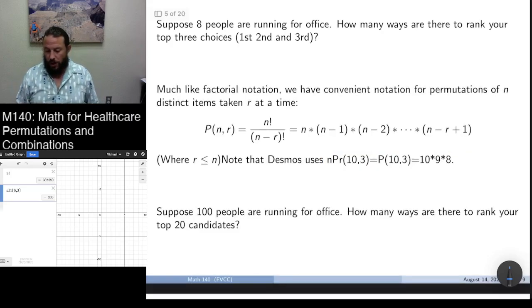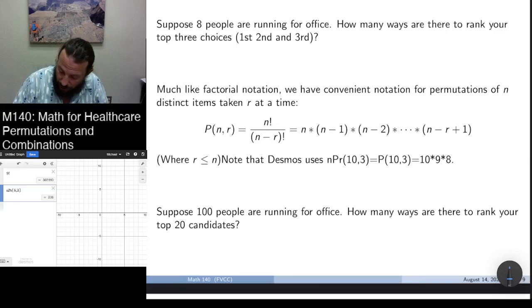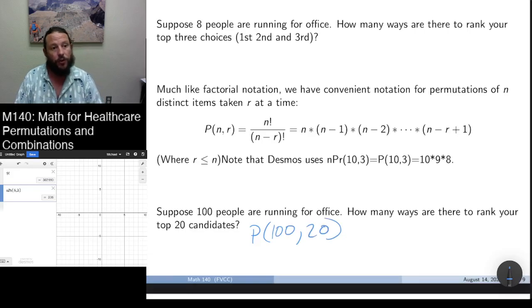Okay, so suppose 100 people are running for office. How many ways do they rank your top 20 candidates? Right, so here, this is the permutation of 100 distinct items taken 20 at a time, right? If you're doing the multiplication principle, you have 20 dashes, and it's going to be 100 for the first, 99 for the second. But we don't want to be writing all that down, right?